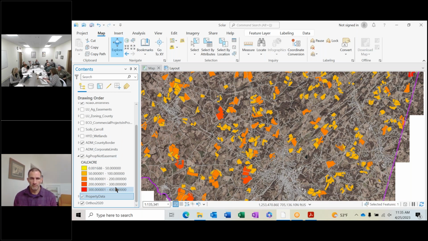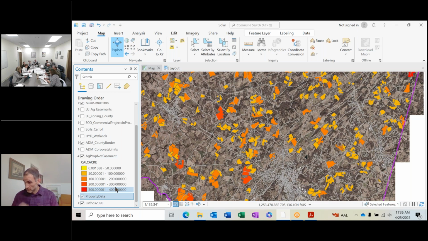Between 50 and 100 acres, the light orange, there are 302 properties, equating to 21,013 acres. Between 100 and 200 acres, there are 144 properties, making up 18,727 acres.